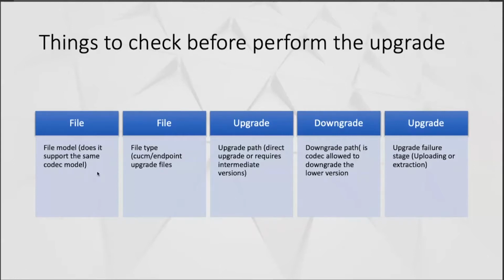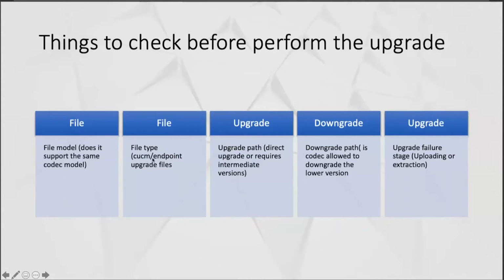A quick example, if we have some codecs running on our old firmware, which is TC, and some codecs running on the latest version, CE, and you plan to upgrade all of those, your CE codec will upgrade with the CE file. But if you try to upload the same file onto the older models, it will fail. So we need to make sure we are choosing the right file, and the right file name is selected as well. That will sometimes create problems.